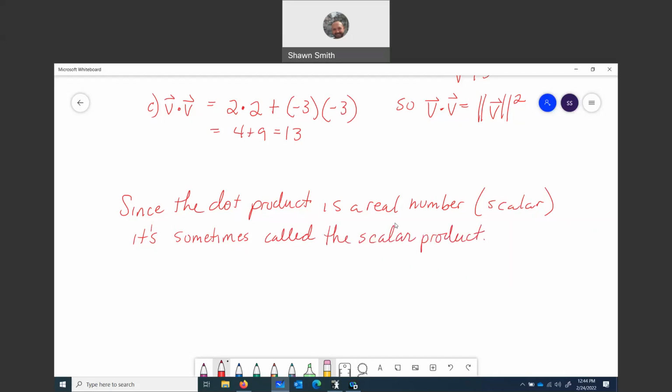We just saw some properties of this, the commutative property. We could do the dot product in any order. V dotted with w is the same as w dotted with v. We could distribute.